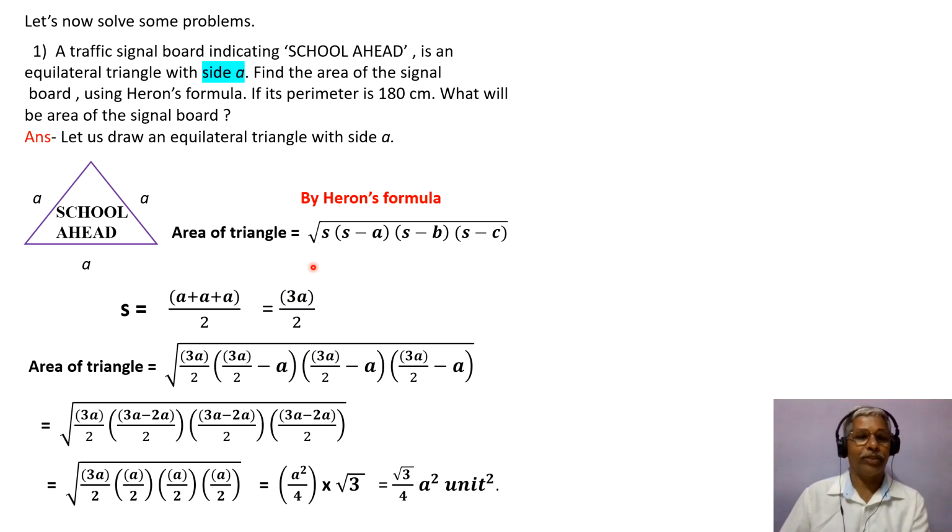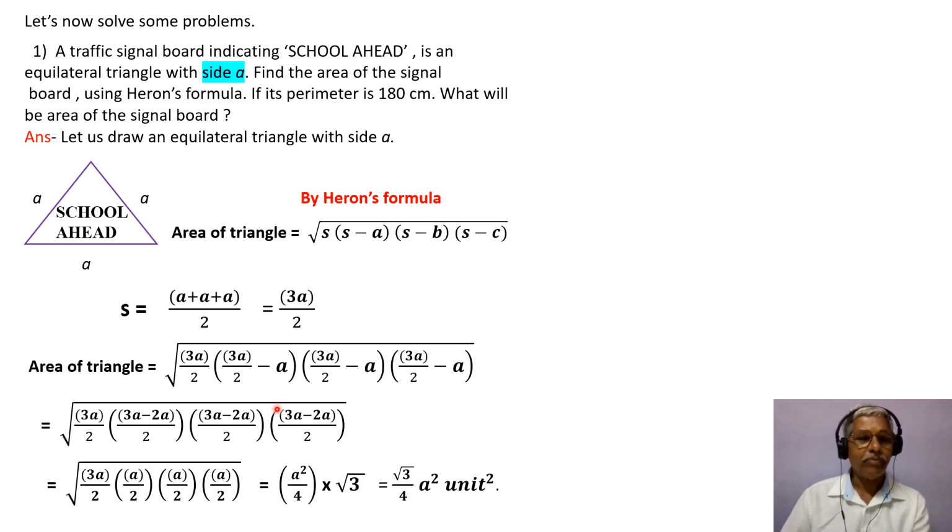Now we can substitute this. So area of triangle is root of 3A upon 2 into 3A upon 2 minus A, again 3A upon 2 minus A, and the third bracket is also the same, 3A upon 2 minus A, multiplied to all this.